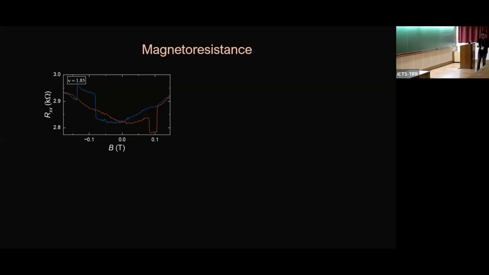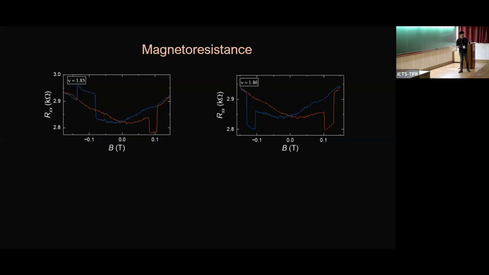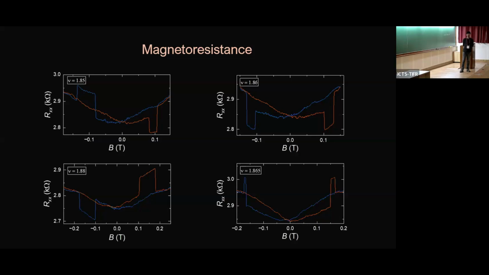So when we look at our data at around 1.85, we see antisymmetric behavior. The behavior changes by changing the density, and we see all 4 types of behavior in this sample. I mean, we don't yet understand what's happening. This is something we'd be happy to discuss if anyone has any idea.